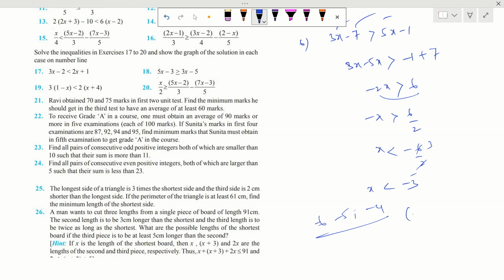So I will write here minus infinity, and all negative numbers less than minus 3. All negative numbers less than minus 3 means minus 4 is less than minus 3, minus 5 is less than minus 3, minus 6 is less than minus 3, it goes on continuously up to minus infinity. And we can write here minus 2.